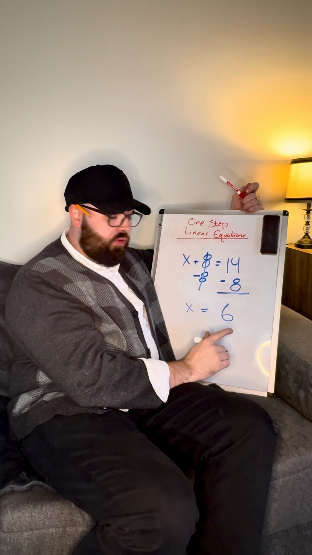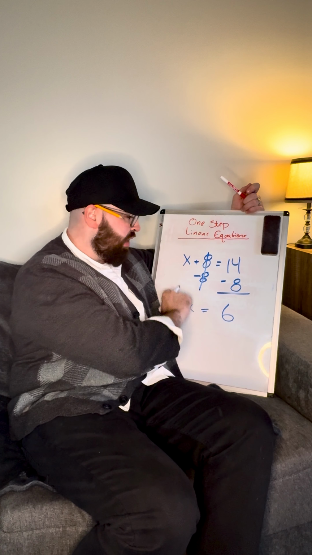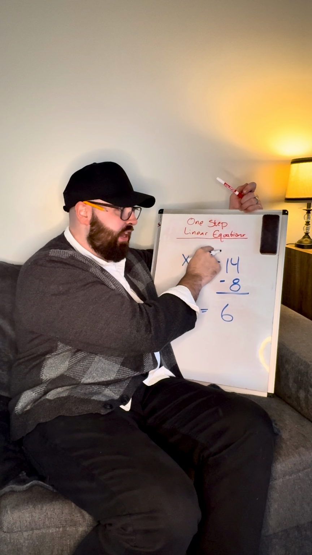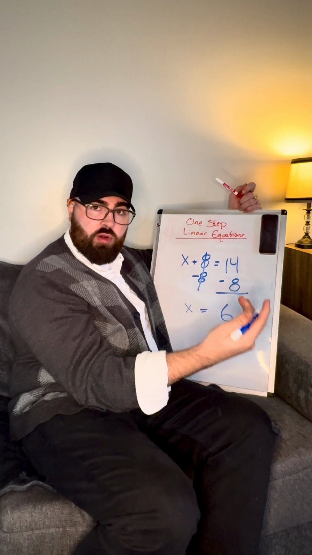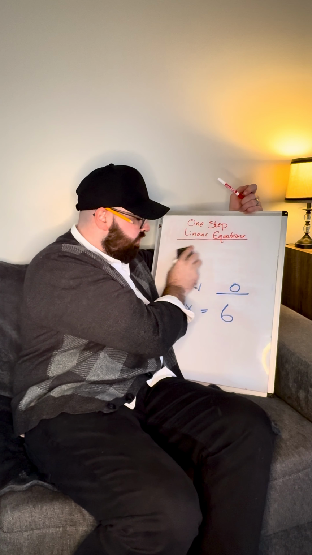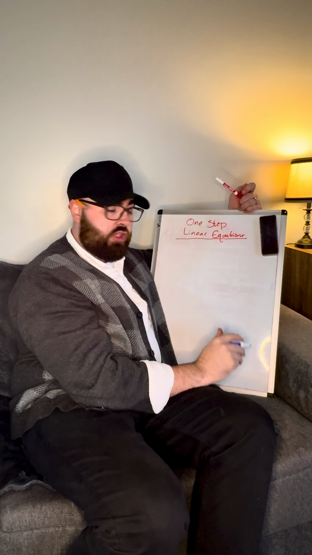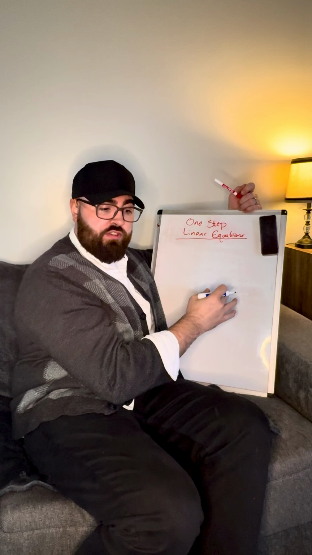Now I think it's 6. The way to check it is to plug it back into your original equation. 6 plus 8 equals 14. You add it up, it works out. So there you go. That's solving your 1-step equation. The same thing works if you have a minus symbol, multiplication or division.